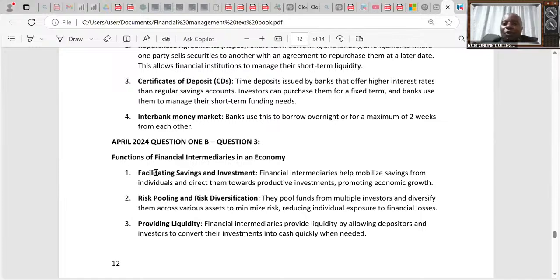All right, thank you so much. So if we read this together, what were they talking about here? Highlight 6 functions of financial intermediaries in an economy. In this case, we have borrowers, and we have investors who have excess cash, and then we have a bank in between.